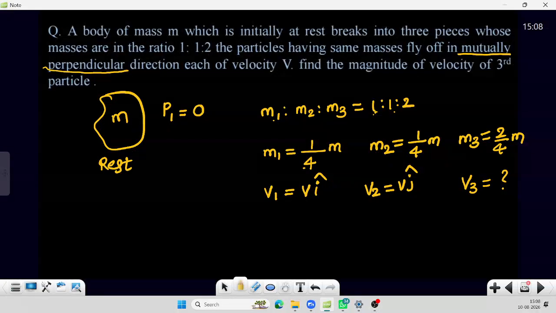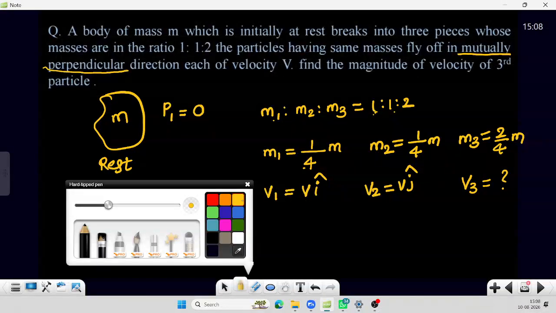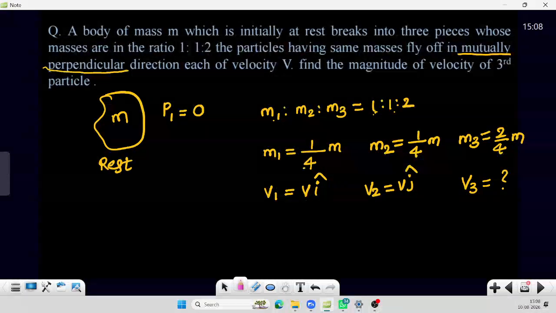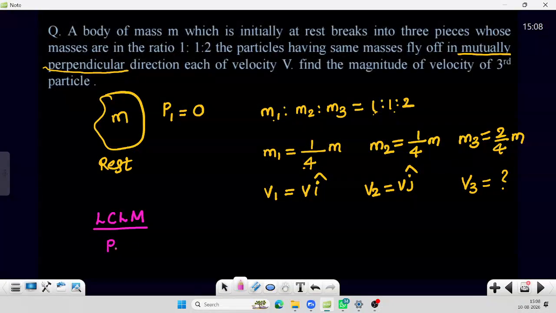Now we apply the law of conservation of linear momentum, since no external force is acting and the body breaks by itself only. So tell me the law of conservation of linear momentum: total initial momentum equals total final momentum. Pi is equal to Pf.